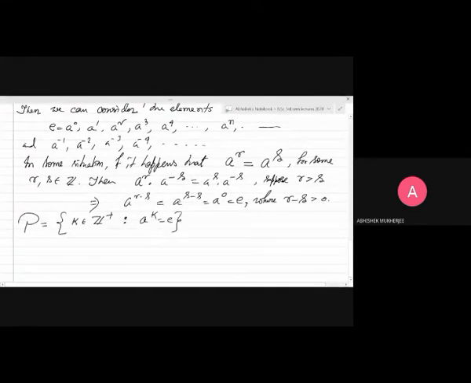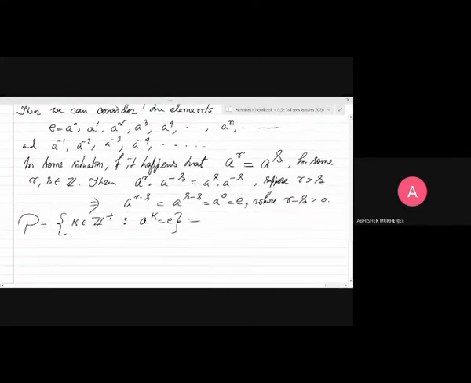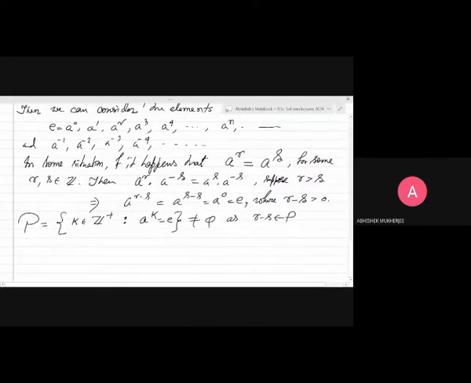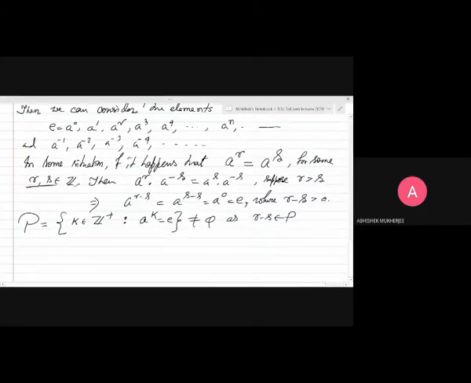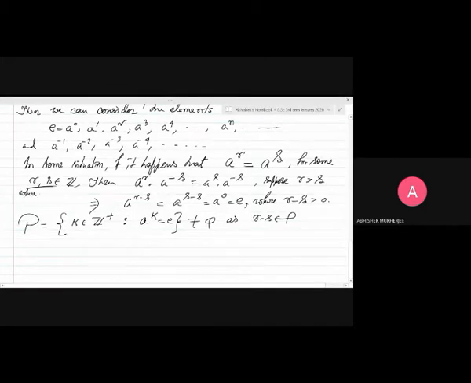Now this P is non-empty as r minus s belongs to P, where r is not equal to s.